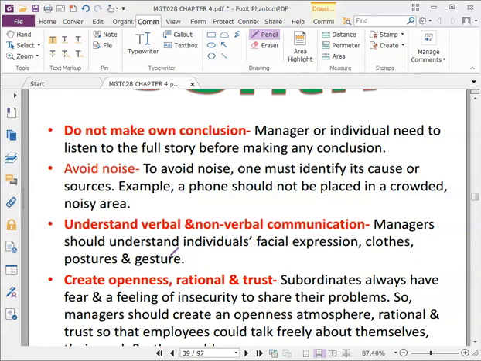Macam tu kan? Mengerang kesakitan. So, kalau dah manager nampak muka riak, muka staff tu dah macam kesakitan tu, tak perlulah nak lanjutkan lagi komunikasi tersebut. Tu maksudnya kita kena faham verbal dan non-verbal communication.